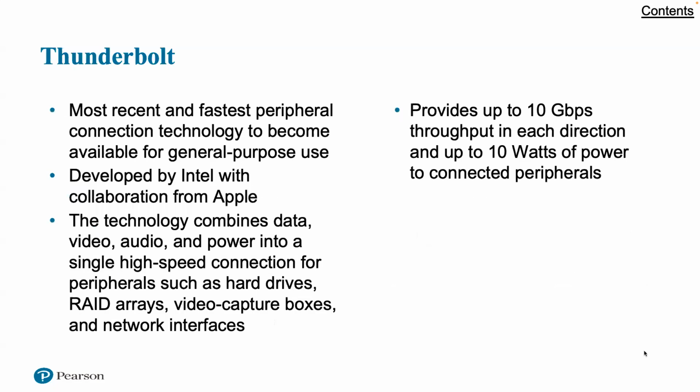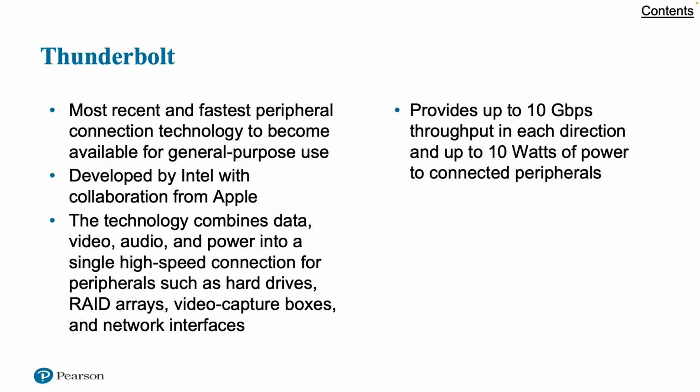Finally, there's Thunderbolt, the most recent and fastest peripheral connecting technology to become available for general purpose use. It was developed by Intel with collaboration from Apple. One Thunderbolt cable can manage the work previously required of multiple cables.